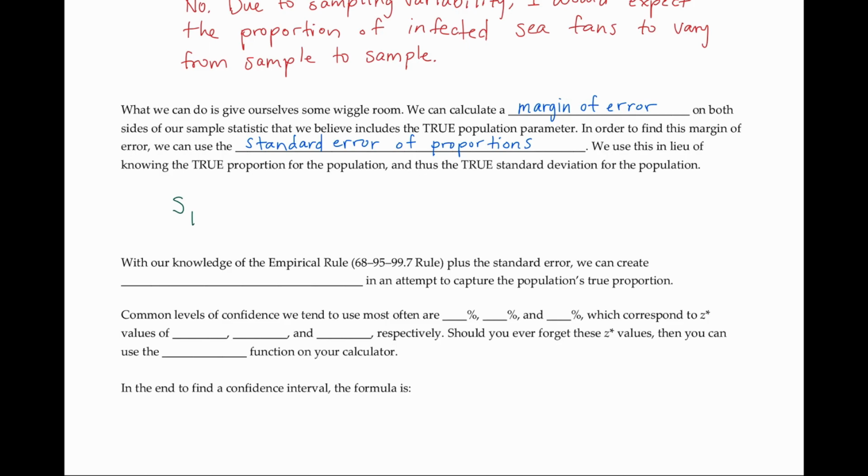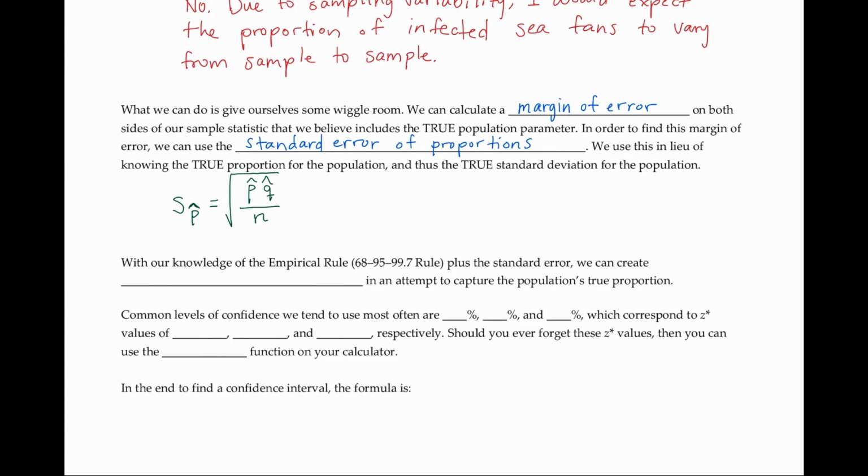So we got that the standard error, we call it S sub p-hat, it's supposed to be a hat, is equivalent to the square root of p-hat times q-hat divided by n.